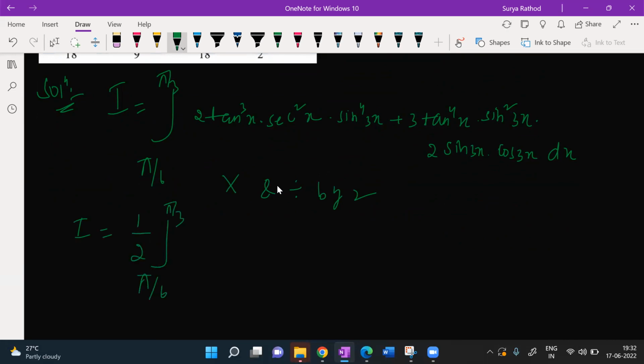Now look at this. So 2 to the 4 tan cube x into secant square x into sine to the power of 4 3x plus 3 into, here 2 have, if I multiply with one more 2 it will become 4, right? 2 to the 4 into tan to the power of 4x sine square 3x into sine 3x into cos 3x into dx.